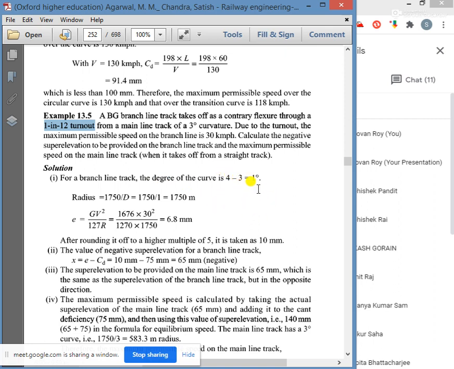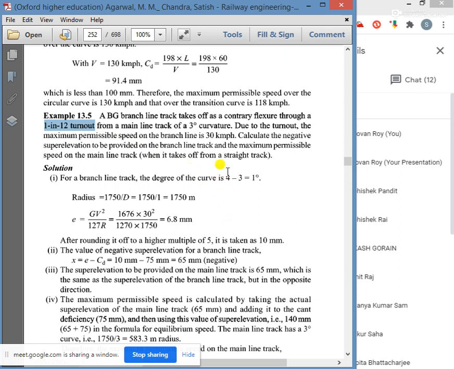The formula is: degree of branch line equals degree of straight line, Ds, that is the 1 in 12 turnout angle, already 4 degree given by the standard value, minus degree of main line.